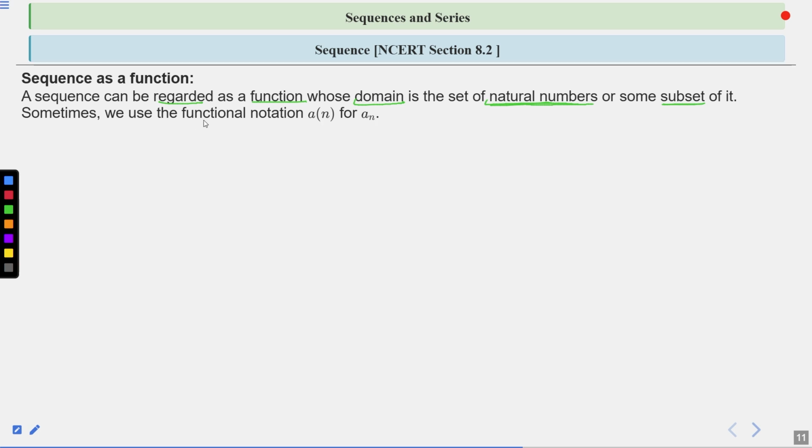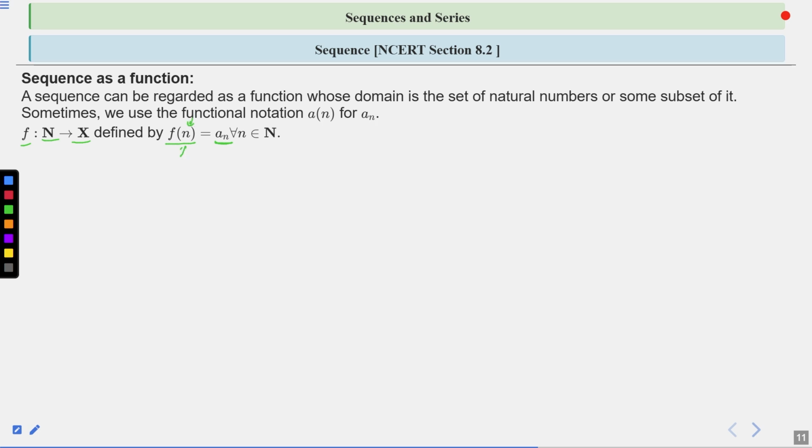Sometimes we use the functional notation, an, for this. So F: N to X. We define our sequence as F(n) equals the nth position term. So n represents your nth position.